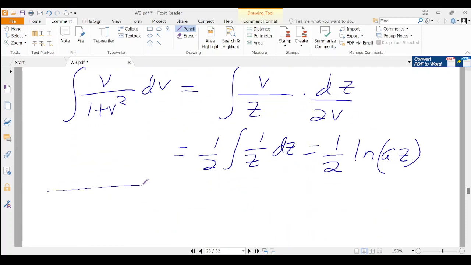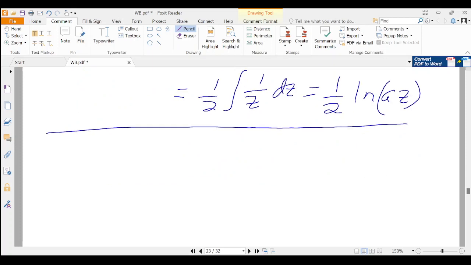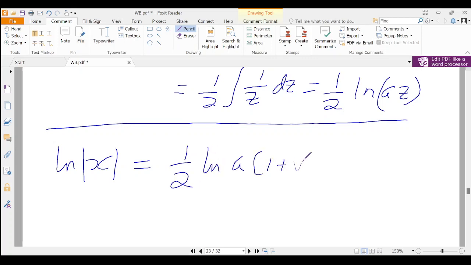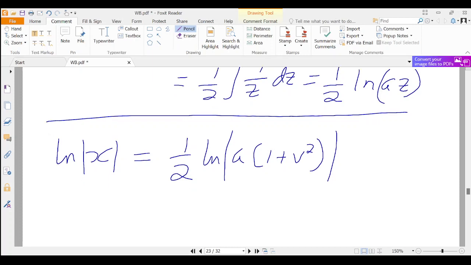So our solution will be logarithm of x, which is equal to a half logarithm of az. But what is z? z is 1 plus v squared. a is an arbitrary constant of integration. So this is the general solution.